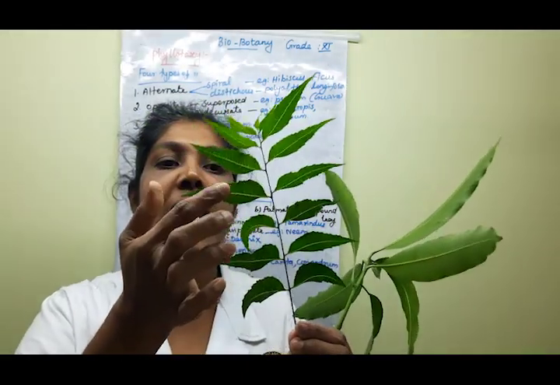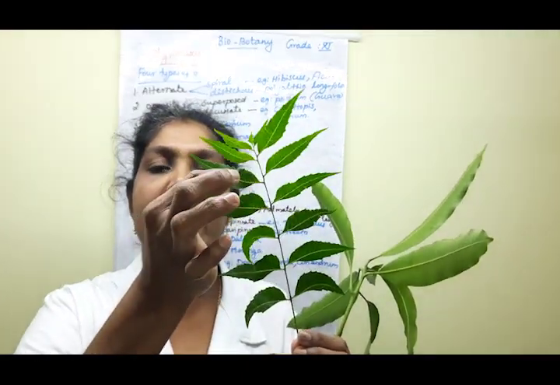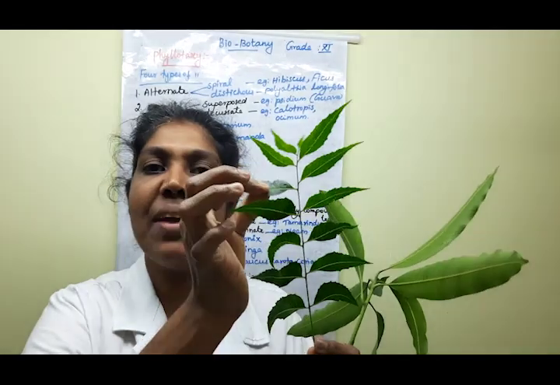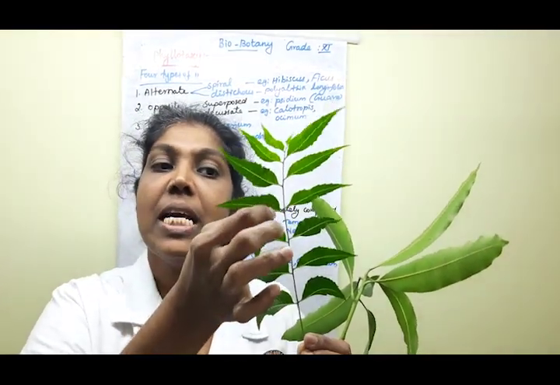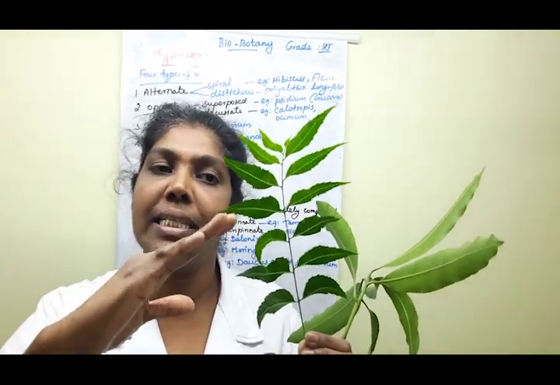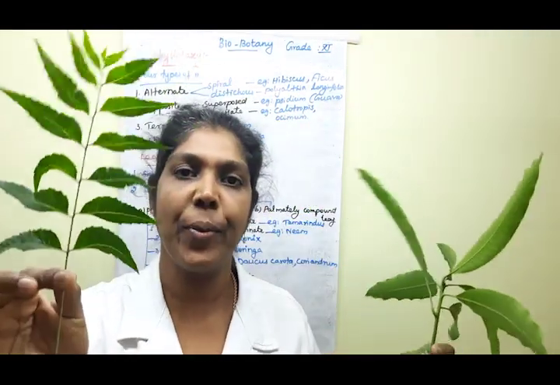Compared to this, the next type has many leaf laminae, which we call leaflets. Later I will explain what leaflets are. When many leaflets, that is many leaf laminae or leaf surfaces, are present, we call it a compound leaf.